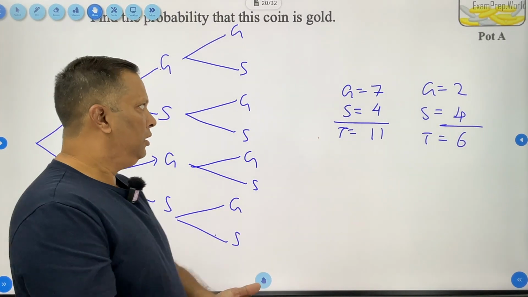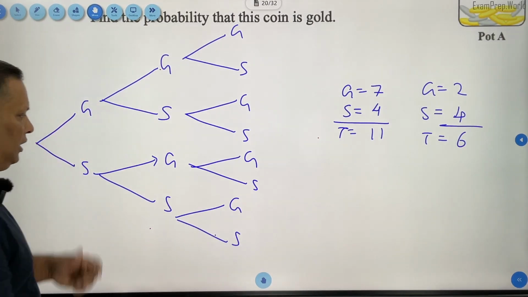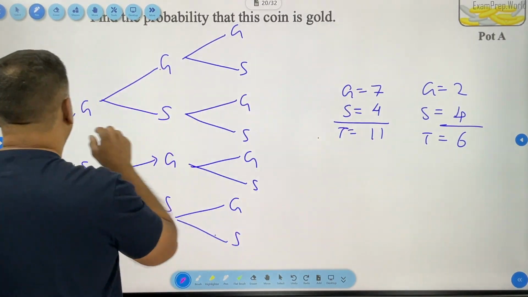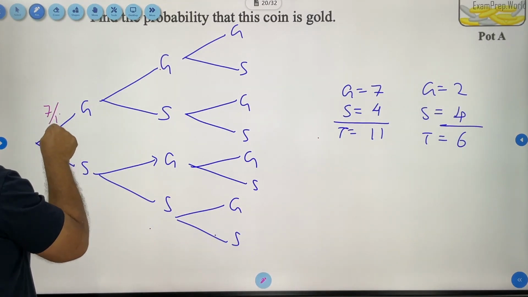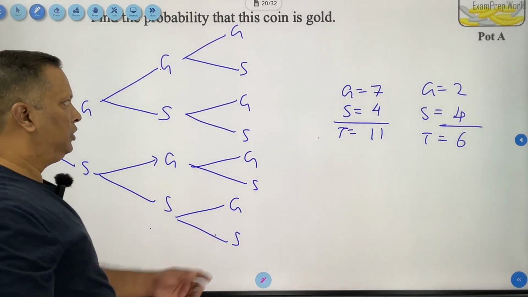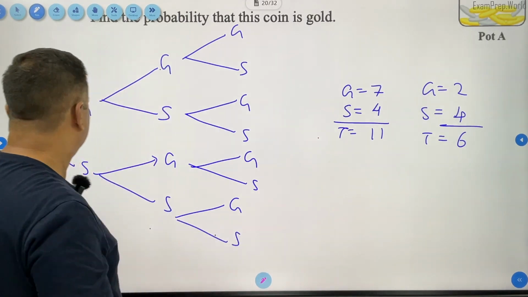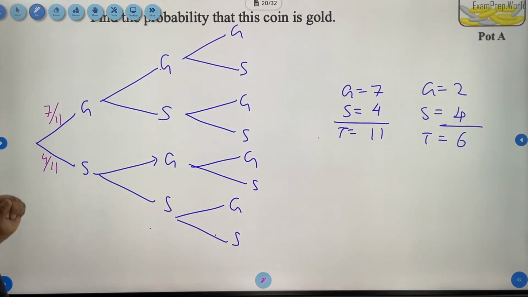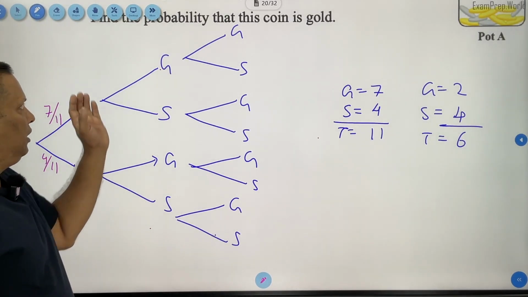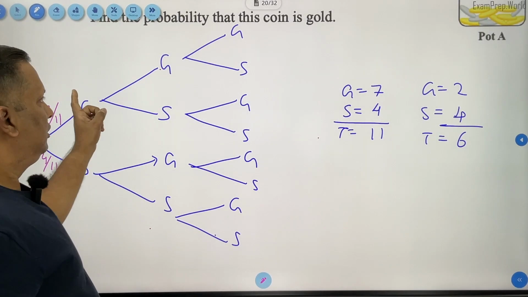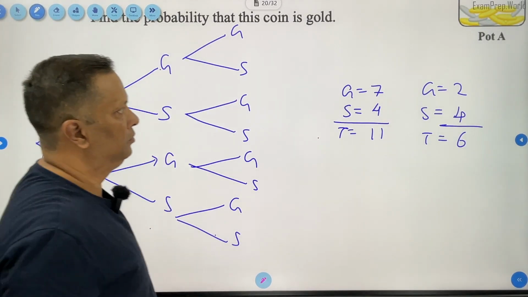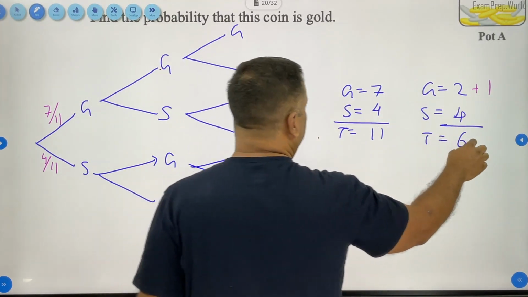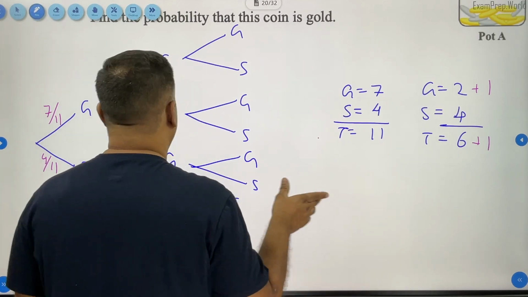Okay. Now we know the probability of selecting a gold is 7 on 11, and the probability of selecting a silver is 4 on 11. So we have written the first probability, the first event. Now when we are doing the second event, suppose the coin that went was gold. Then it becomes +1 in pot B, and here also it becomes +1 if it was gold.